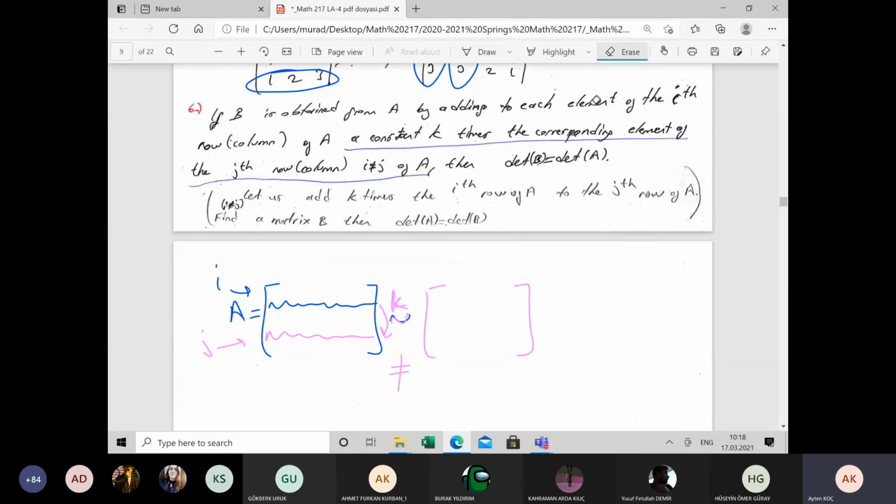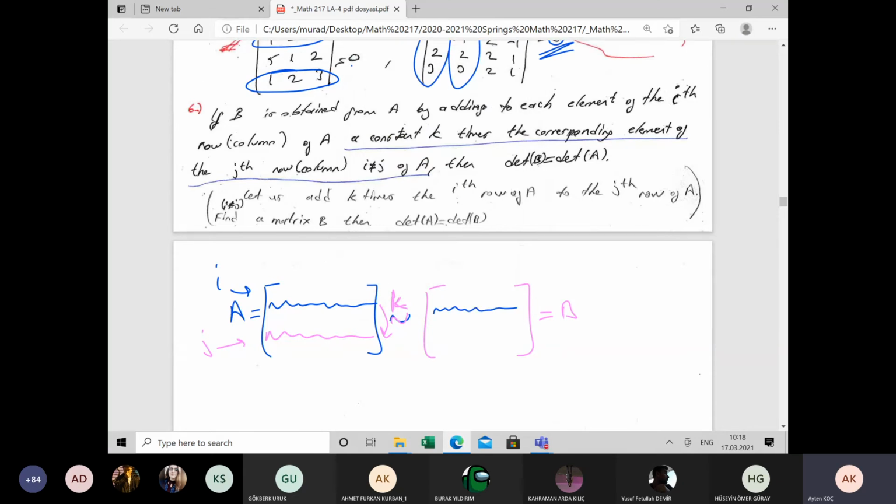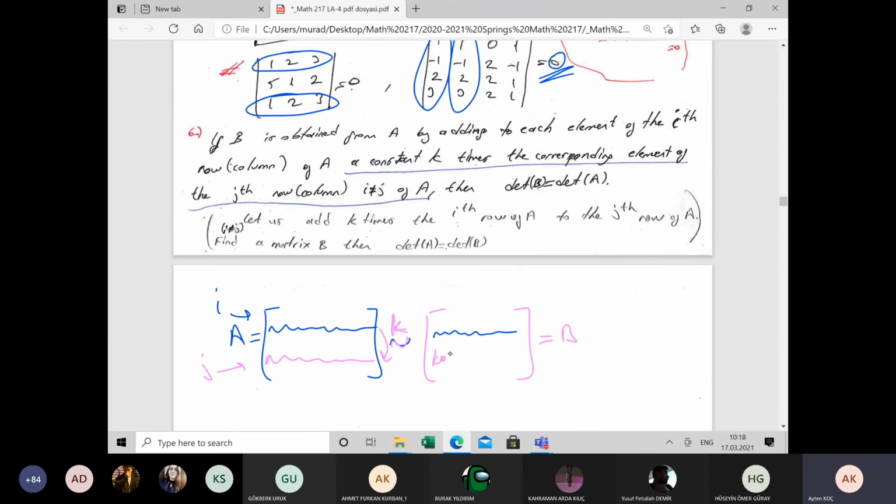We obtain matrix B such that row I is the same, but row J is replaced by k times the corresponding entry of row I plus the entry of J. For example, star becomes k times star plus the entry.